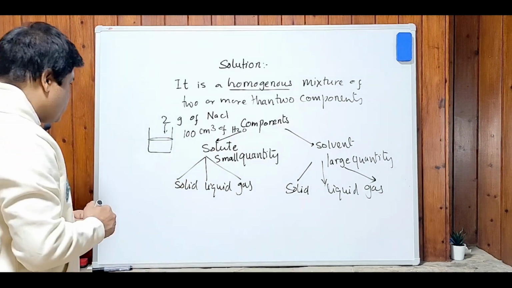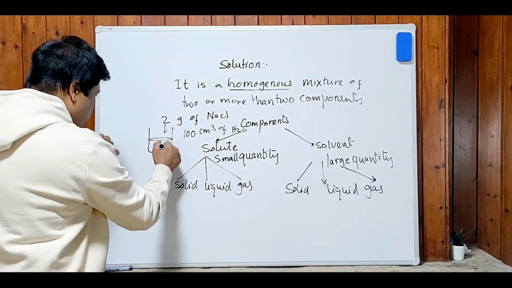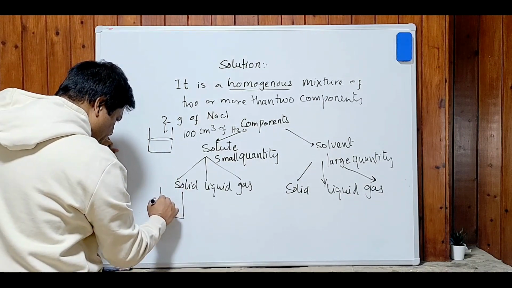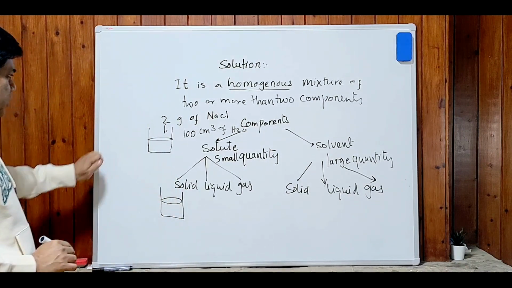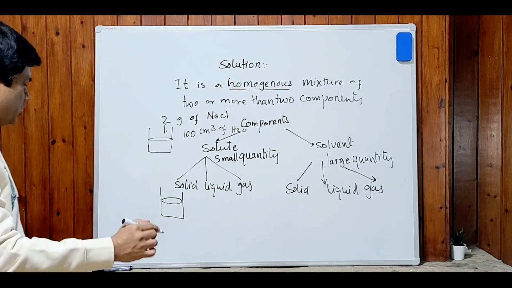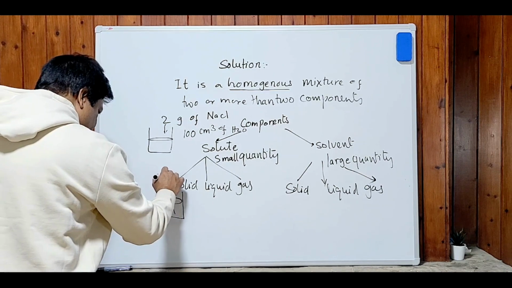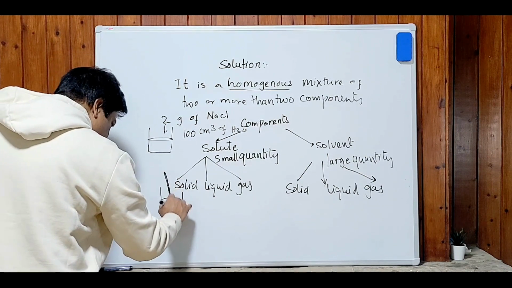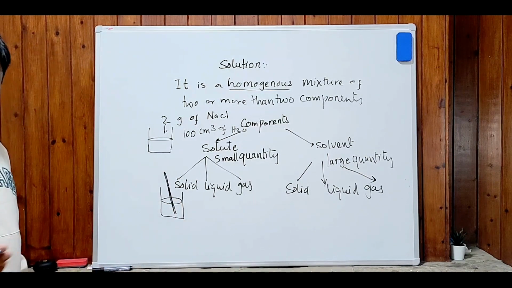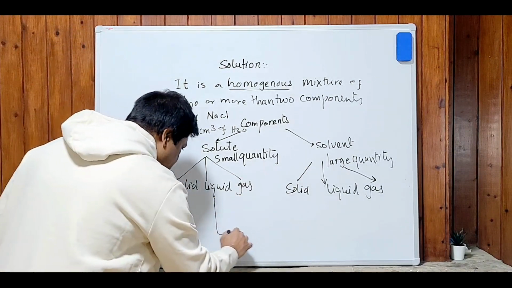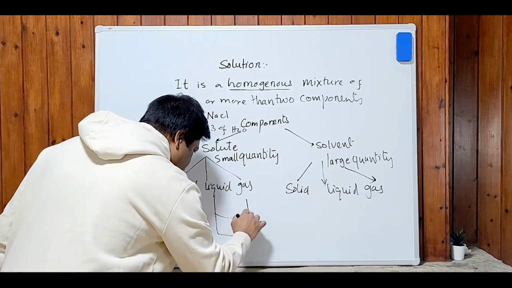Now the homogeneous mixture. I want to dissolve 2 grams of NaCl in 100 cm³ of water, use the stirrer and stir it. What happened, guys, when you stir it? Obviously 2 grams of NaCl dissolve in 100 cm³ of water.